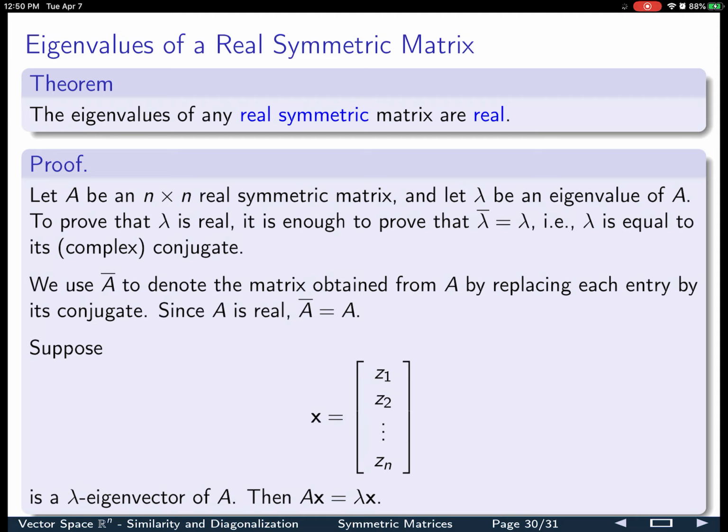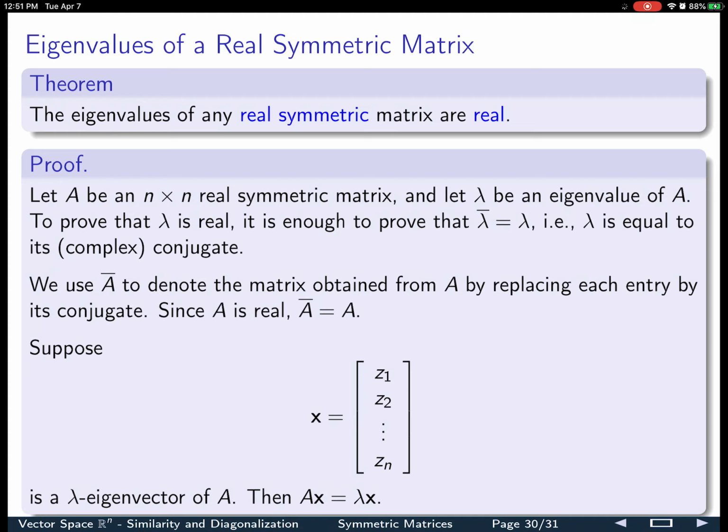Here we have x, which is an eigenvector corresponding to lambda of the matrix A. Do note that since we're working with a real matrix A, the complex conjugate of that matrix is the same as the matrix before. You get a complex conjugate by negating the imaginary part.